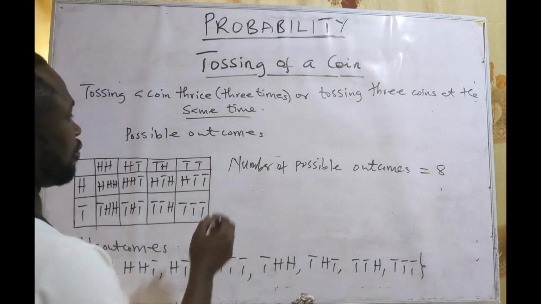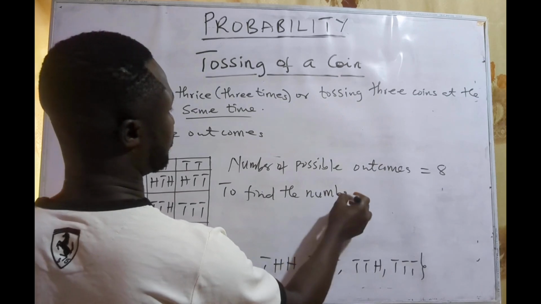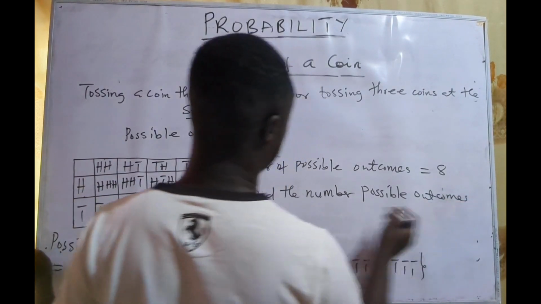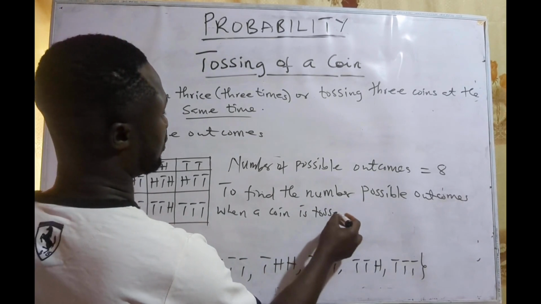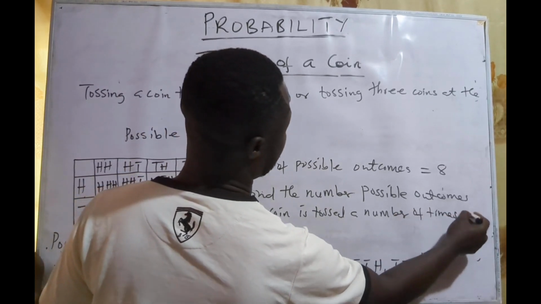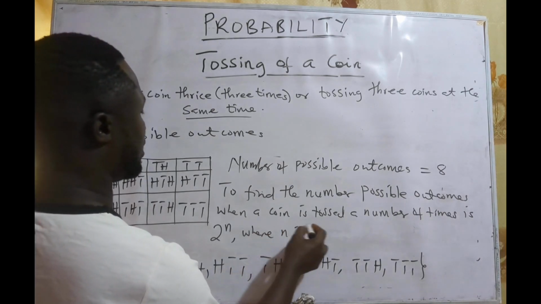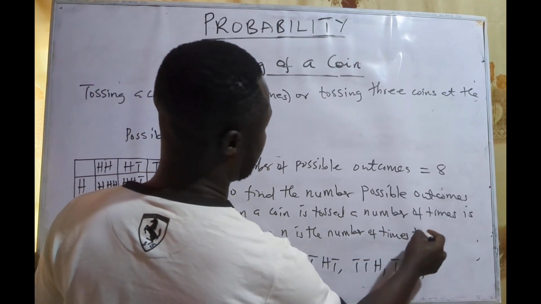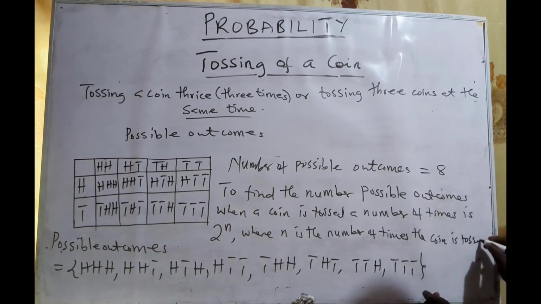So we say that to find the number of possible outcomes when a coin is tossed a number of times is 2 exponent n, where n is the number of times the coin is tossed.